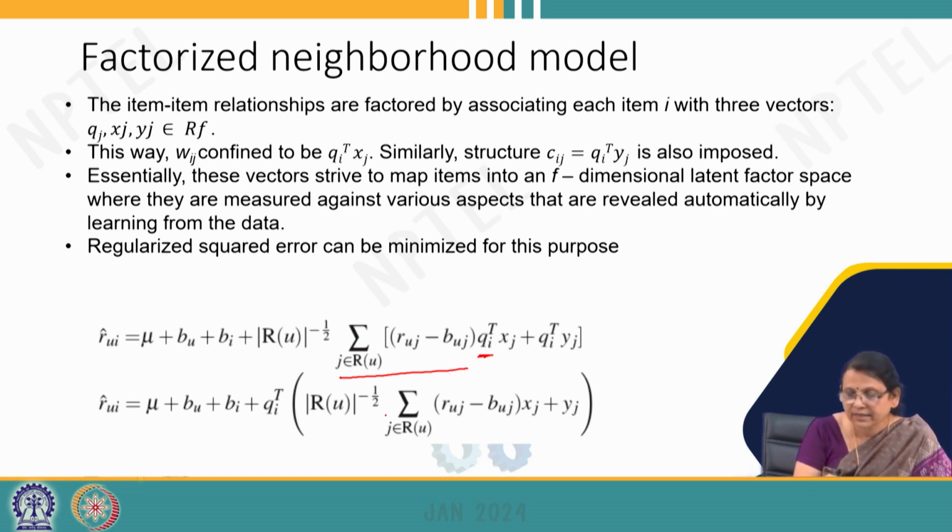So, additionally we can find two parameters xj and yj. Now instead of w we are considering this latent factor and xj, which means w is no more one value. We have latent factor for all the latent factors that we are considering, maybe k number of such latent factors.